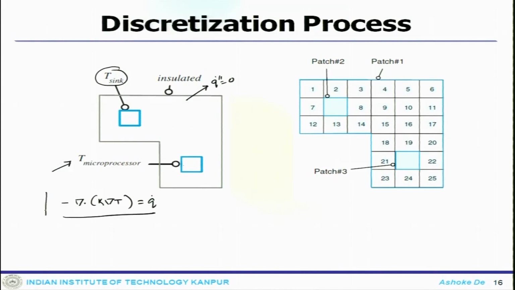So, first, we have a physical problem in hand, like this heat base, where a heat source and heat sink are there, with an insulated base plate, and the governing equation that governs this problem is the steady state heat conduction process, which will give us the temperature distribution. Essentially, we are interested in the temperature distribution in this particular heat base.